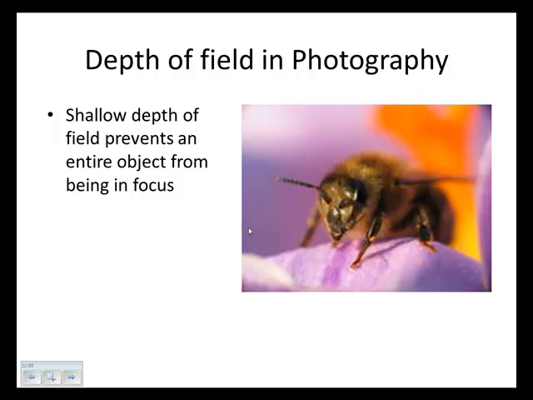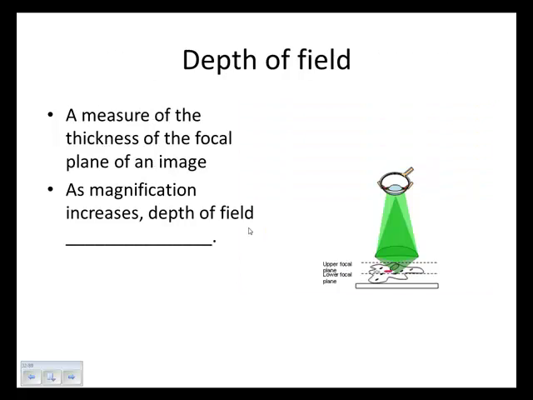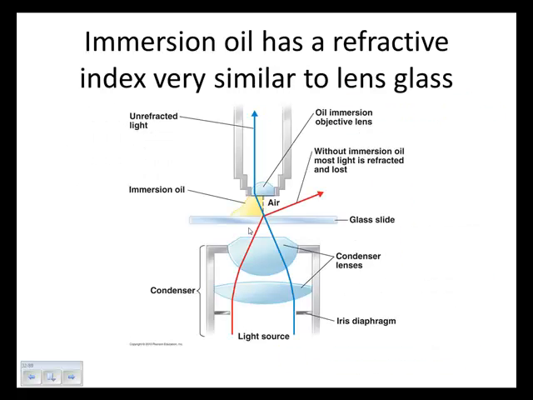So which of those two instances represents high magnification? The close-up shot or the far-away shot? The close-up shot is the highly magnified shot, right? My field of view is reduced. The focal plane, what happens to that? As the magnification increases, the depth of field, the depth of the focal plane, is decreased also. Does that make sense? Okay. All right, that's enough of that.